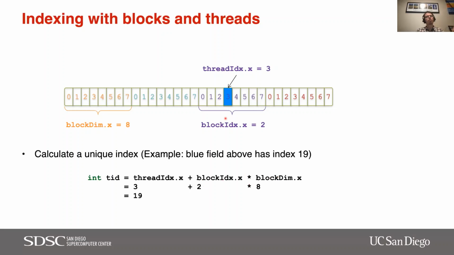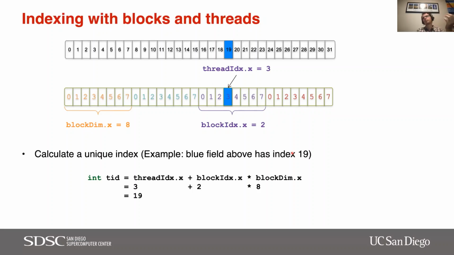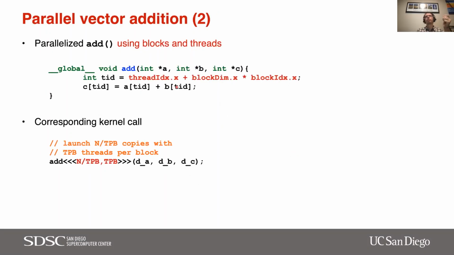I'm block 2, and each block has 8 threads, so the offset is basically 16. So those are the first 16 elements plus 3 because I'm thread number 3, so I should operate on data element 19, right? So this is basically 8, 16, 17, 18, 19. That's correct, right? And that's how you compute the index, and you can know what you should operate on.